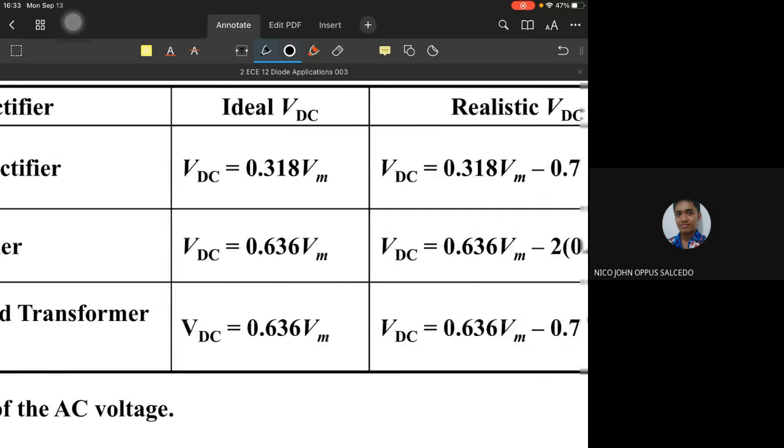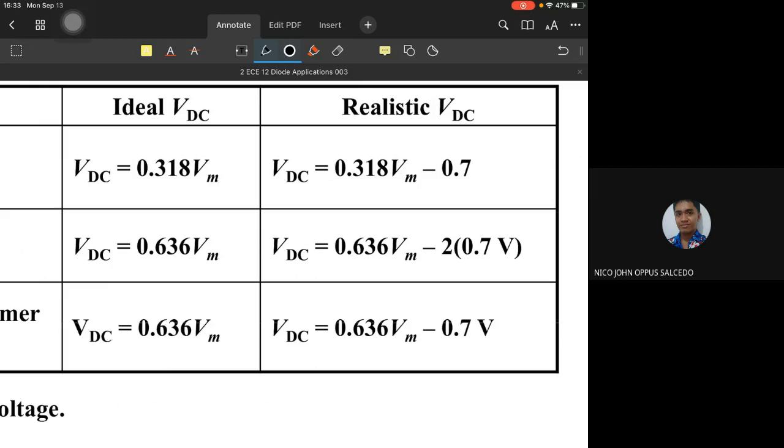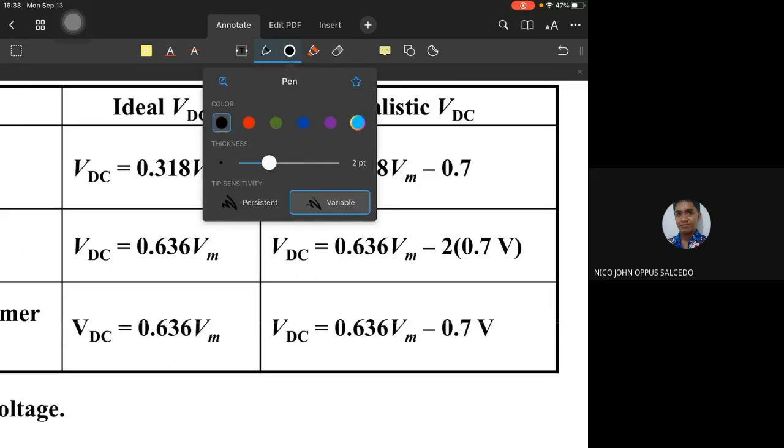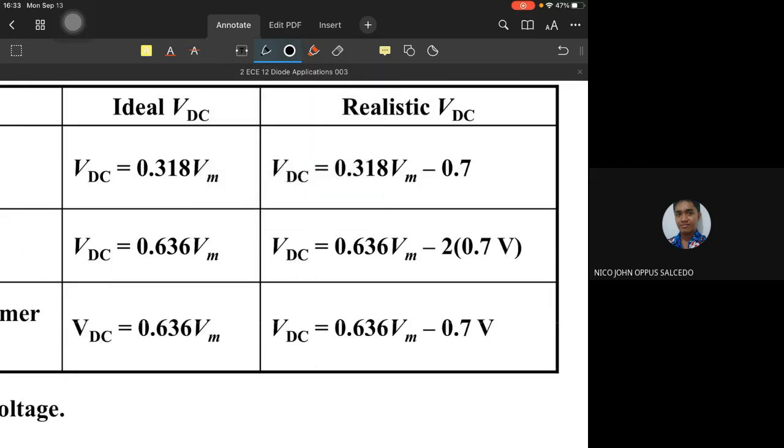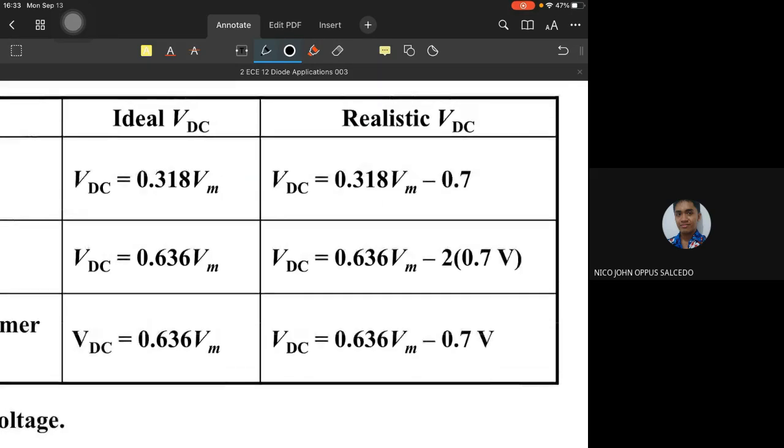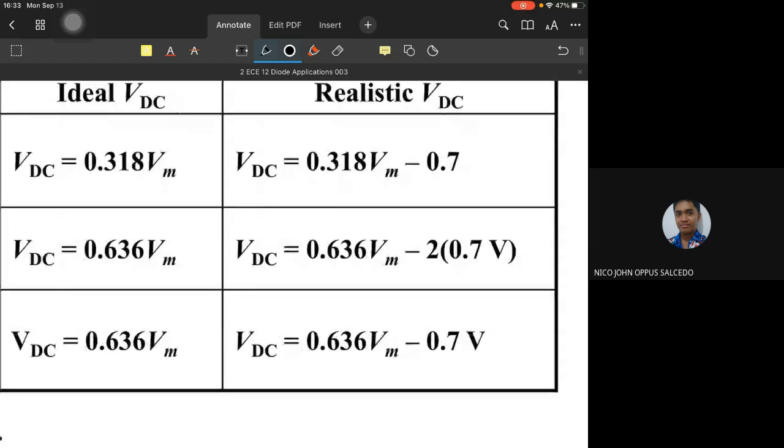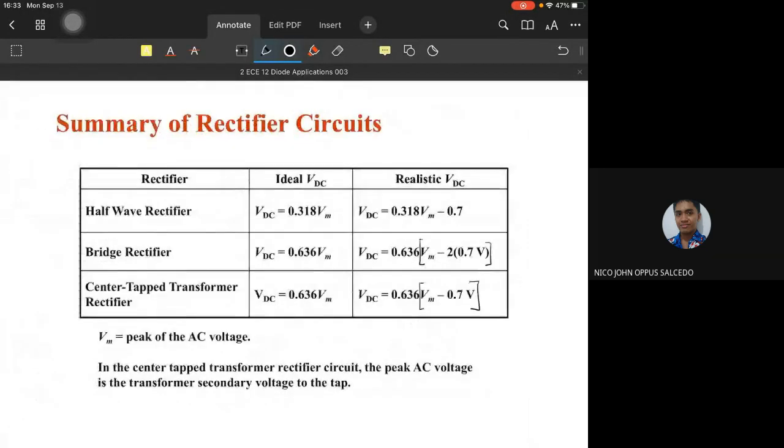If we use the practical model, meaning we consider the 0.7 value of the diode, it should be part of the formula. It should be like this. This slide is wrong. It should be in brackets for us to compute the VDC.